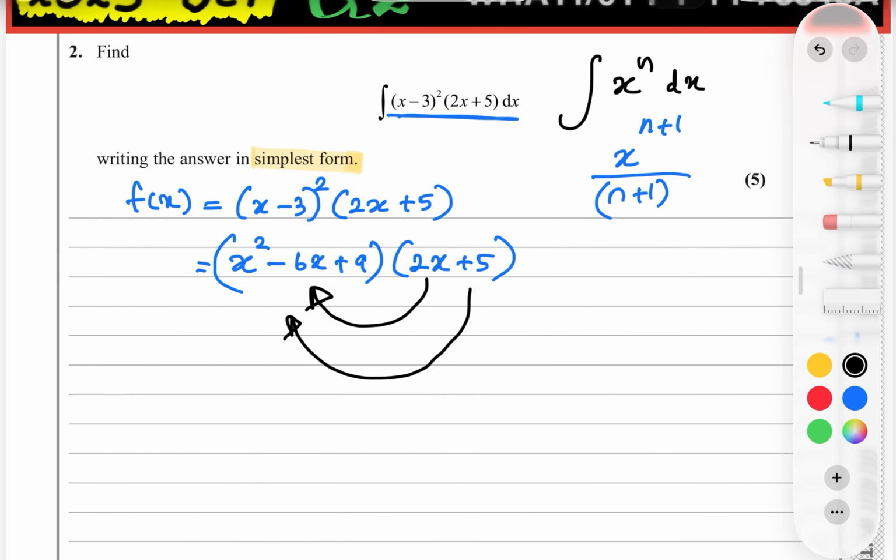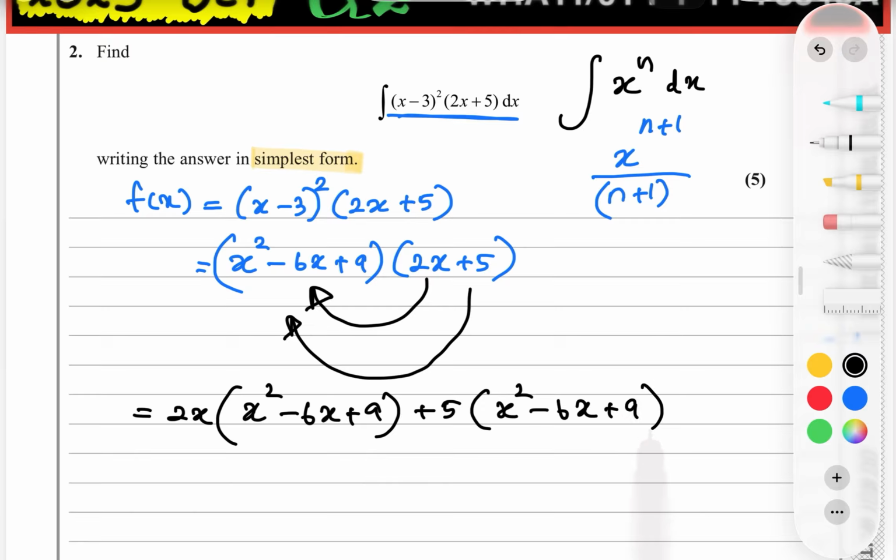So once we get it, we have 2x times this whole bracket, then we will have 5 again times the whole bracket. So what would we get?